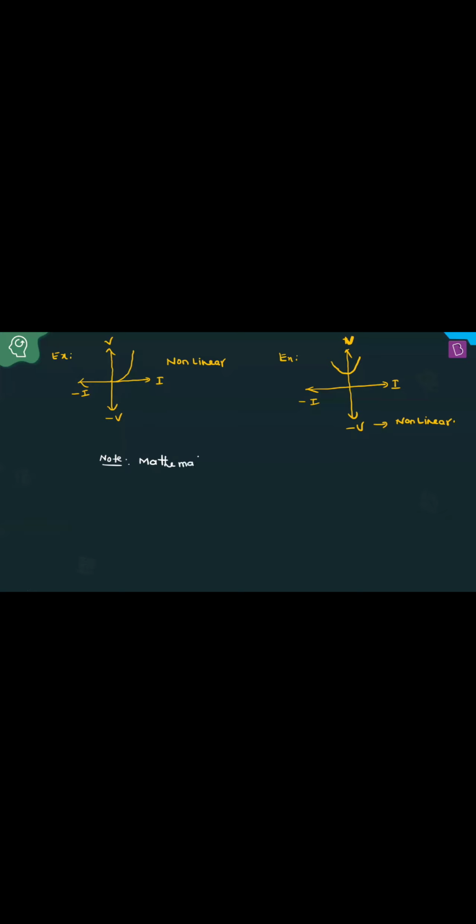Mathematically, the element which satisfies Ohm's law, homogeneity principle, and superposition principle, then it is treated as which element?